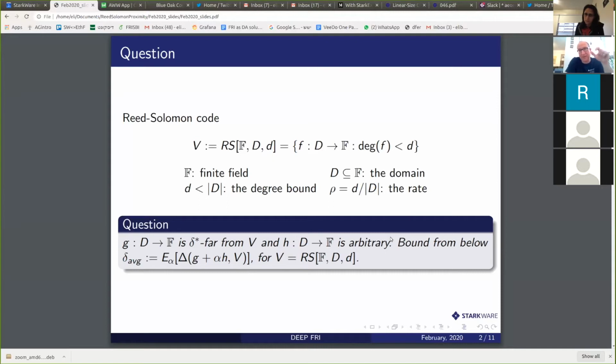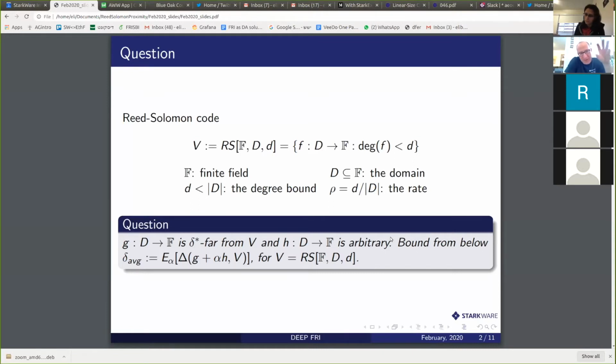Relative means it's normalized by the block length, by the size of capital D. So it's always between 0 and 1. 0 is when G belongs to V, and 1 would ideally be when you need to change all entries of G in order to make it in V.